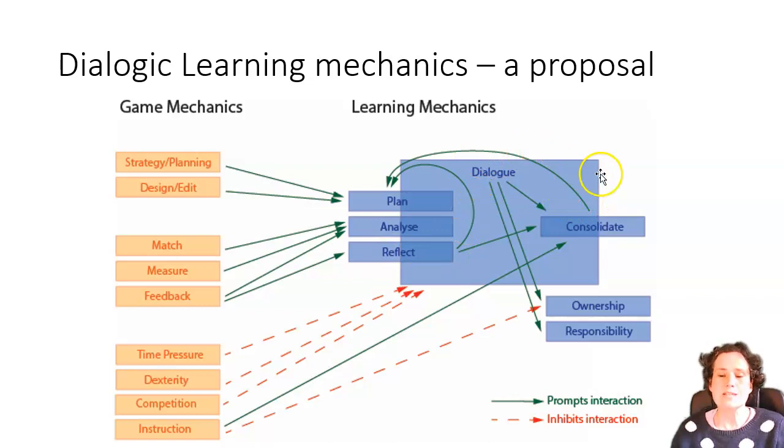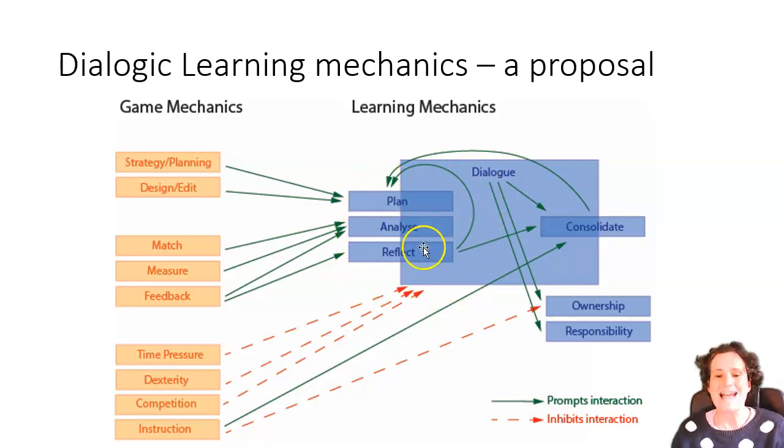So what I've done is split the reflect and discuss learning mechanic proposed by Lim et al., and I've made a new mechanic called dialogue. Now, these three things here can involve dialogue, but they don't have to, and that's quite important.